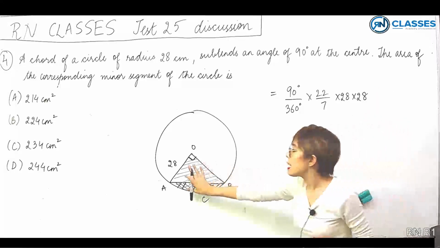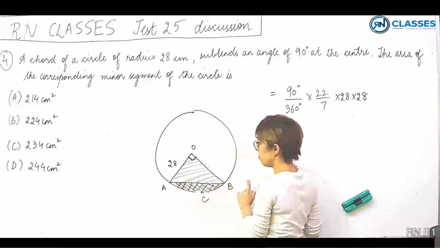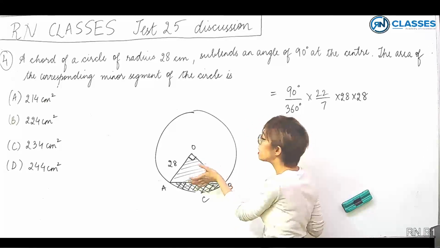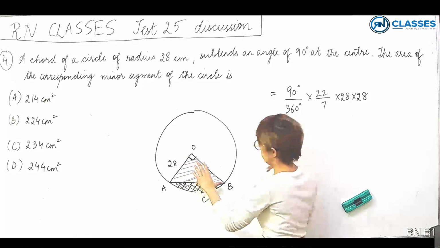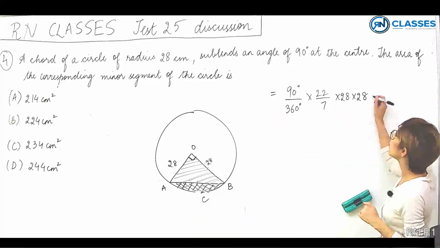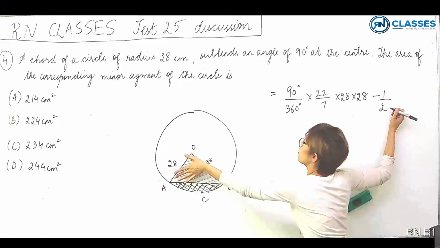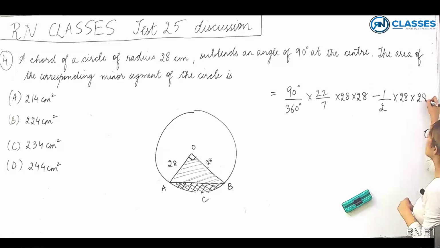Now from the area of the sector I need to subtract the area of the triangle OAB. Oh, right triangle, right? As this is base, this is the height. Base is 28, height is 28, absolutely, because this is radius. So let's write the area of the triangle, half, base 28, height 28, half 28 into 28.